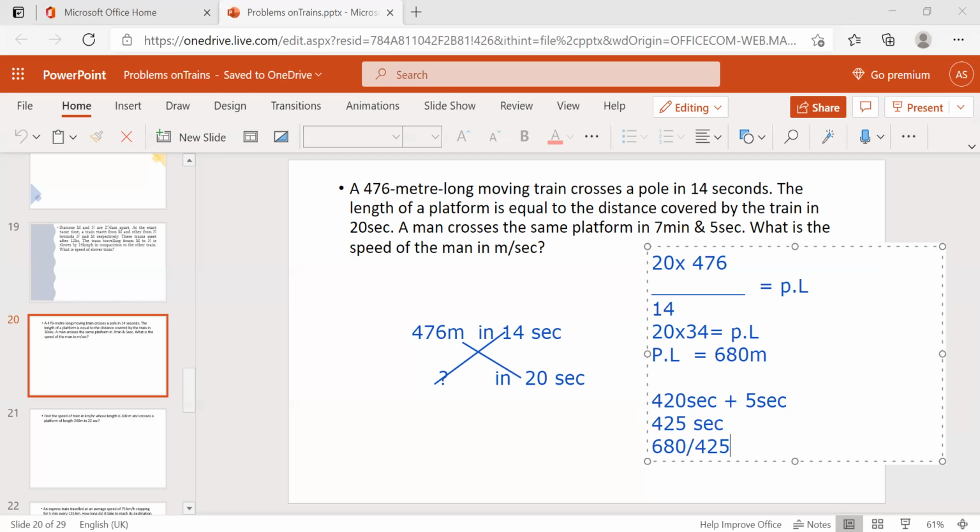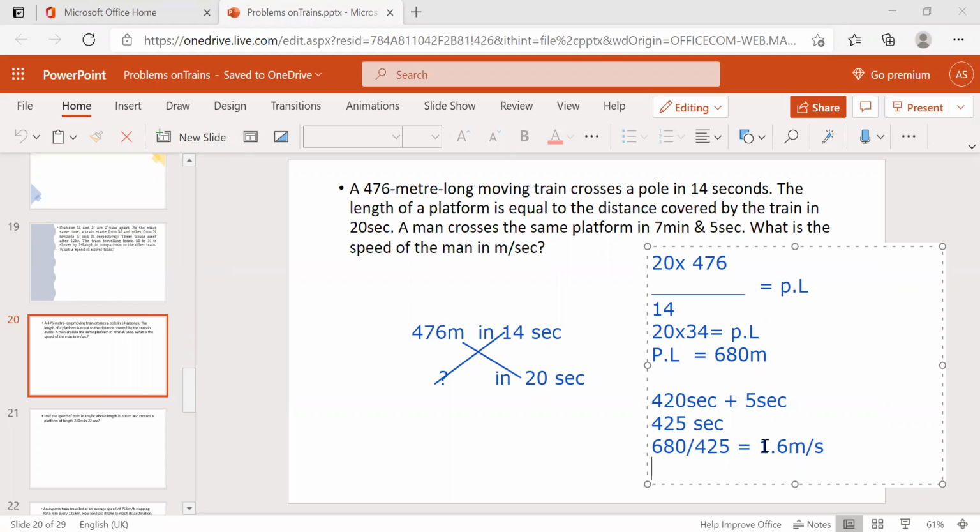Just cancel, do the calculation by cancelling this, and we get 1.6 meter per second. I'm not going to simplify this fully, but we'll get 1.6 meter per second.